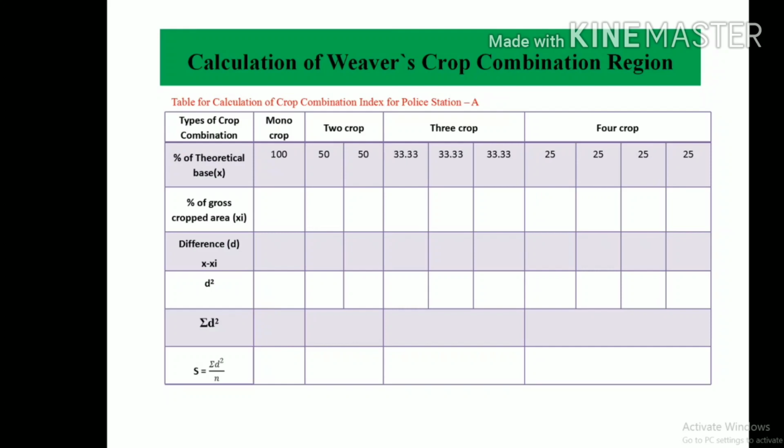The first column represents the steps for determining the formula, that is the percentage of theoretical base, that is X. The next step is the percentage of gross cropped area, that is Xi.